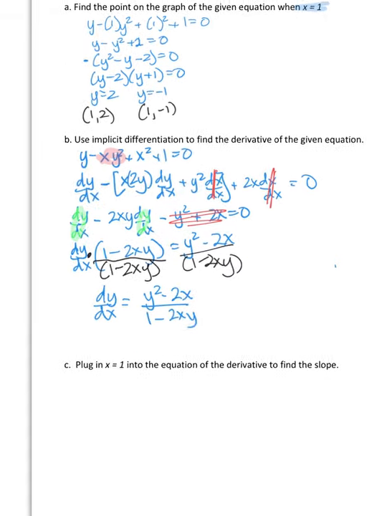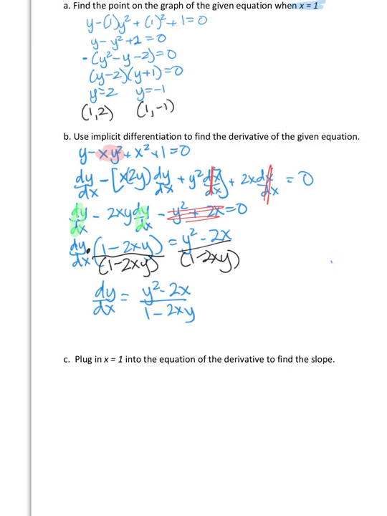Okay, so the next thing we are going to do is to find the slope by having x equal to 1. And remember, we're going to actually find this for 2 points. We're going to find this for 1, 2. Let's just do that one first. So we're plugging that into the derivative. Our y squared, we're plugging in that 2 squared, minus 2 times the x value, all over 1 minus 2 times the x value and the y value.